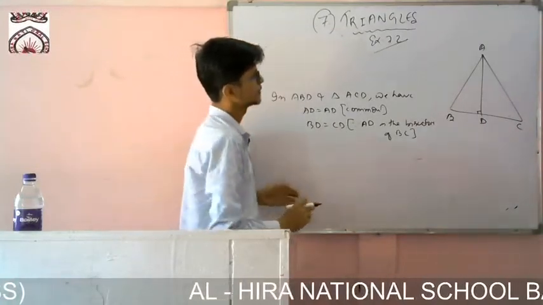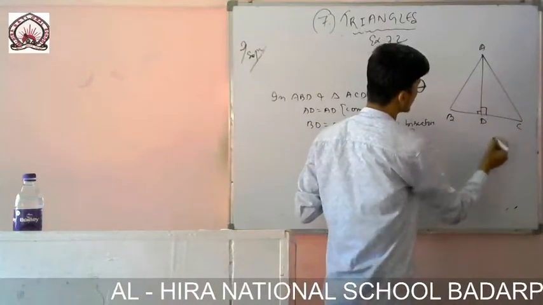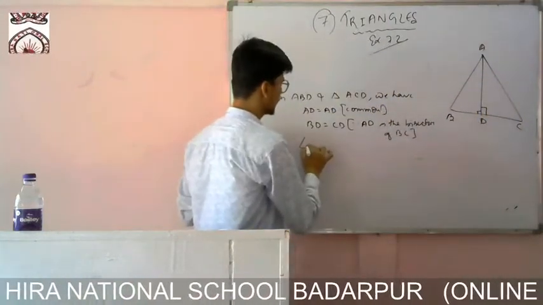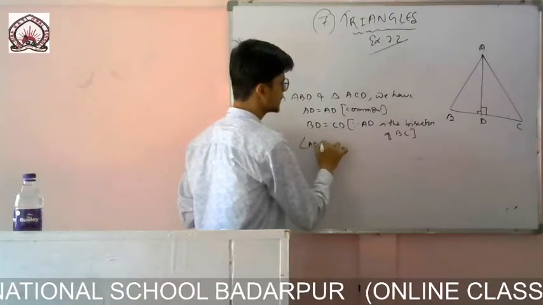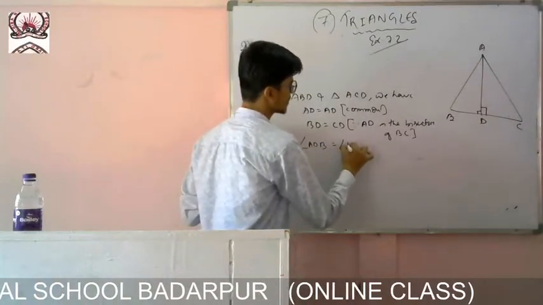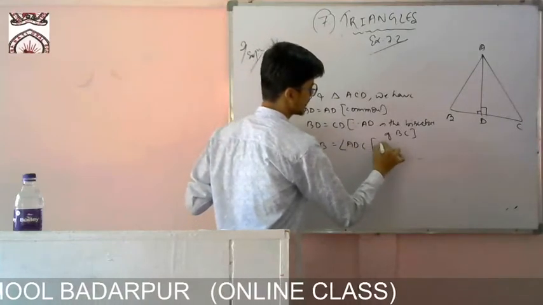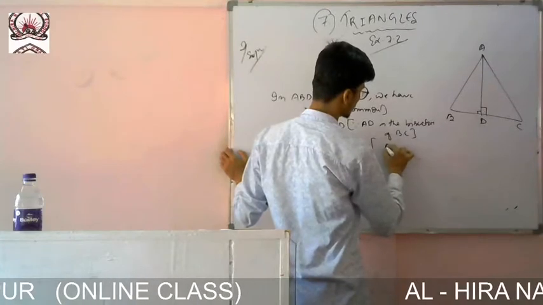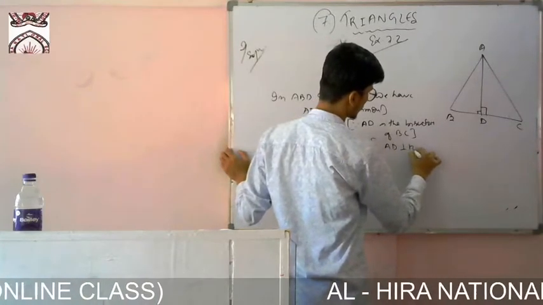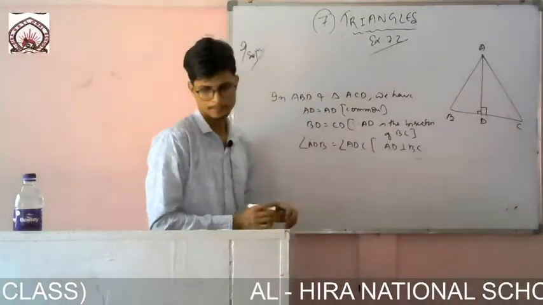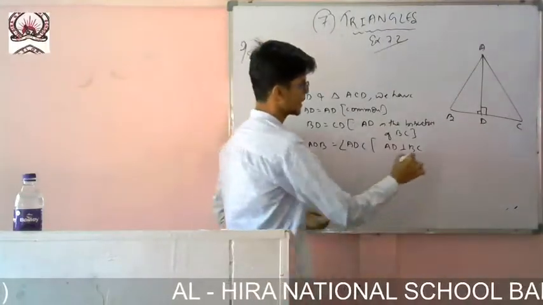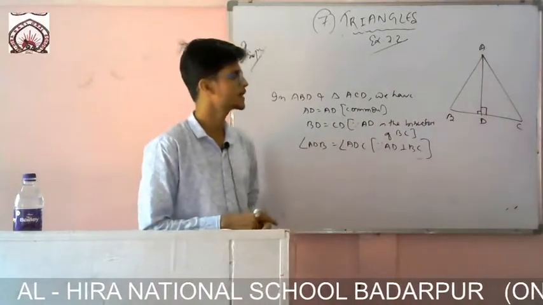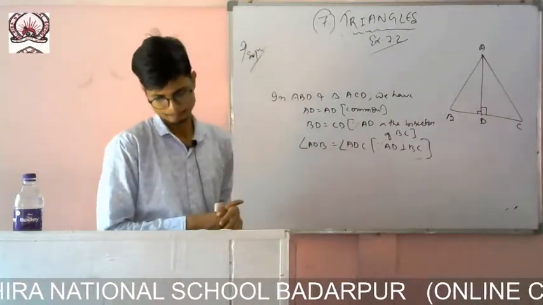And this one is given 90 degrees, the perpendicular bisector. That means this angle will be 90, this angle will be 90, and angle ADB will be equal to angle ADC, each 90 degrees. Or you can write, since AD is perpendicular to BC, angle ADB will be equal to angle ADC.